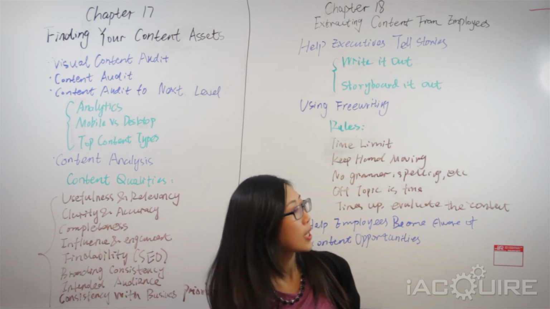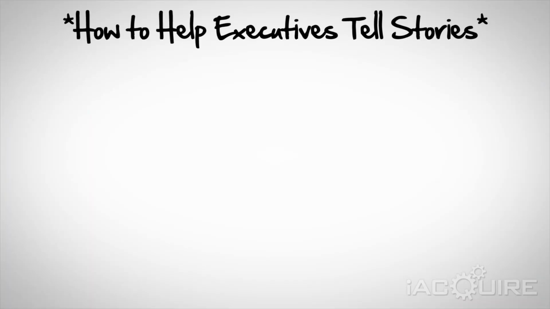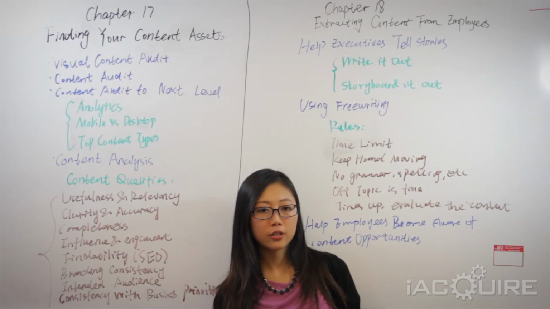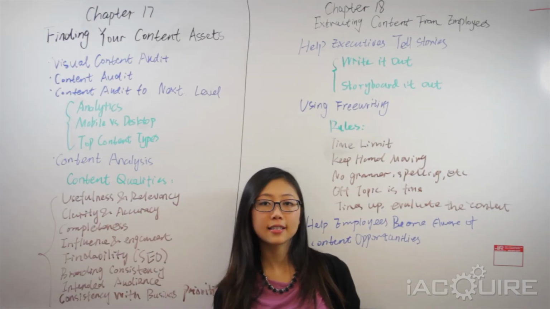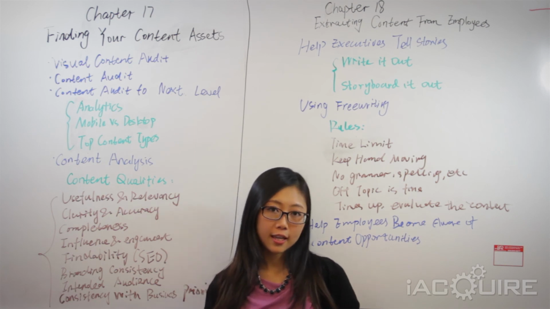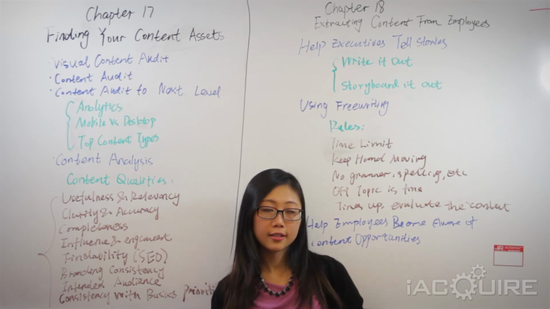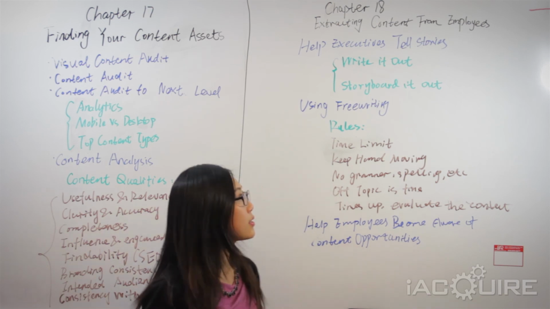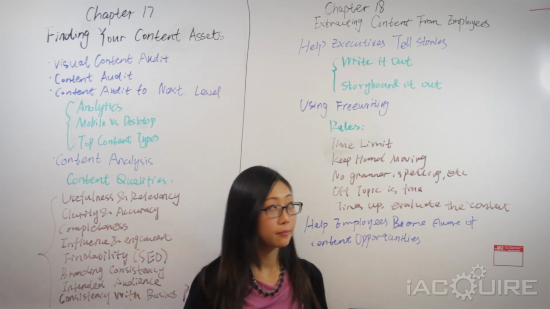For example, we can give them half an hour to type out their thoughts. They can also do a storyboard. They can write sentences or phrases on sticky notes, anything. They can even map out their thoughts or draw something. By doing this, you gather more and more information.